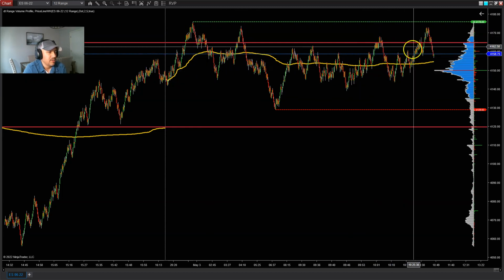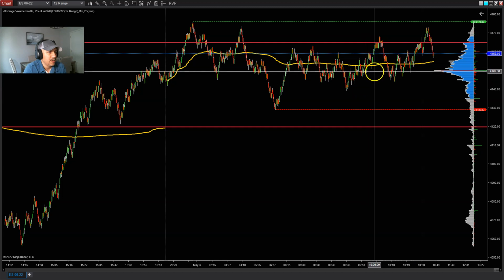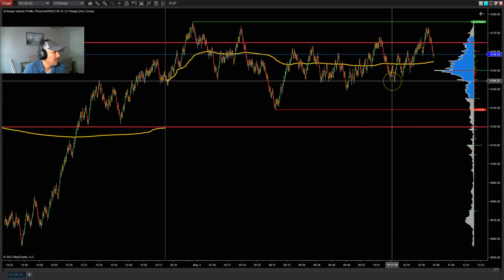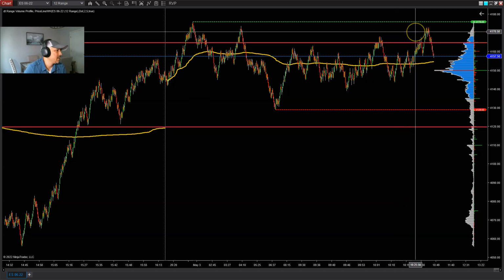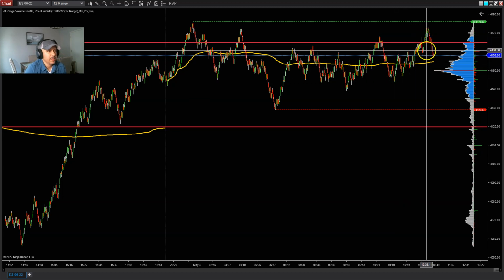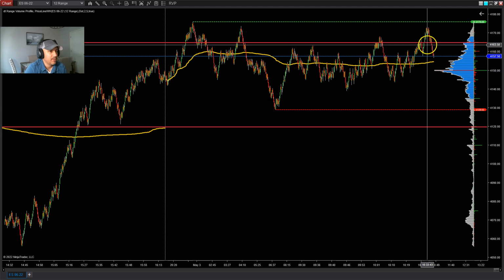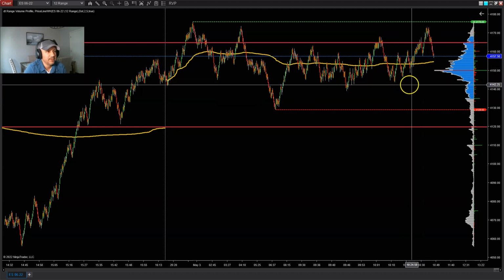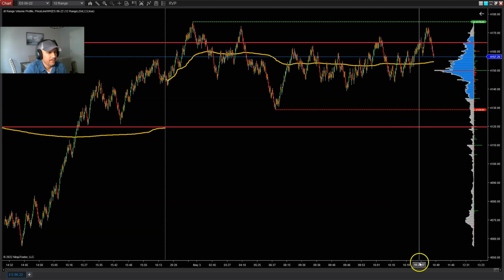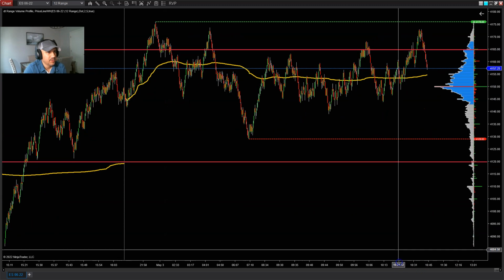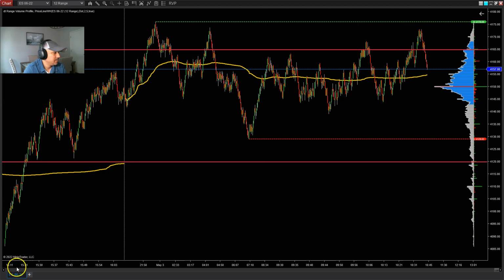It did start making a small higher low, and then making a higher high up here, but started pulling back and started breaking structure back down to the downside. So yeah, I'm just gonna hold off. Let's see what it's gonna do.